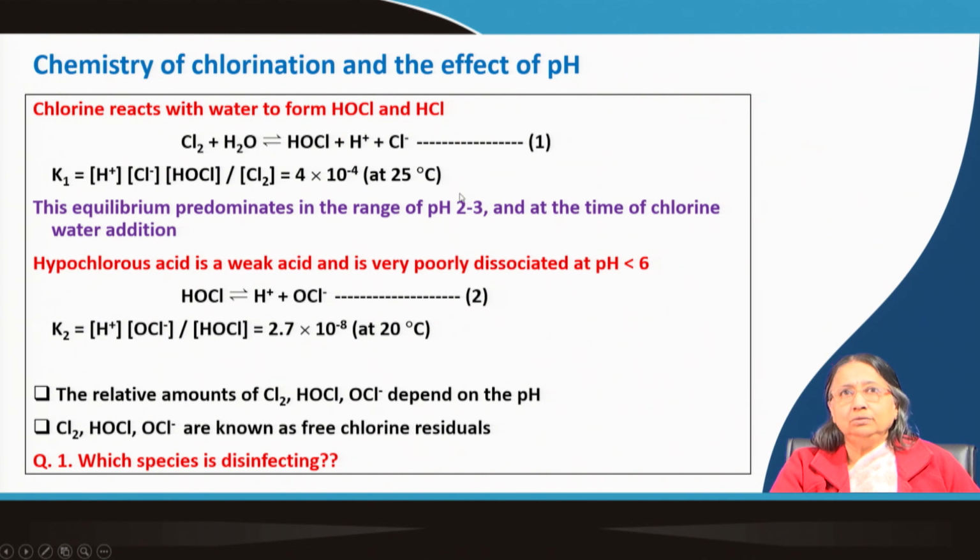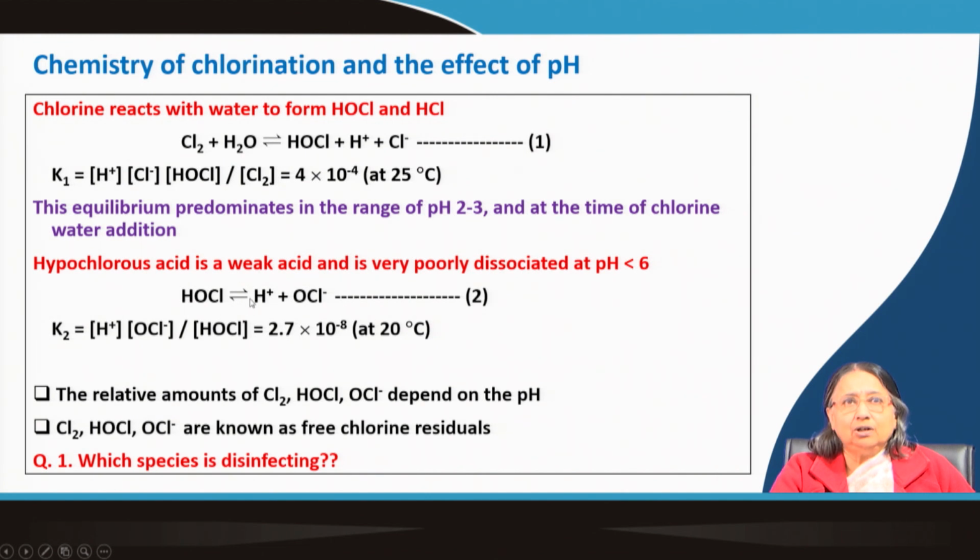Okay. Now, if you increase more, then another reaction will start. What is that? So, that is why it is told that in lower pH this is more predominating. Now, hypochlorous acid means this one HOCl is a weak acid. You know that HCl is a strong acid, so it is completely dissociated, but HOCl is a weak acid.